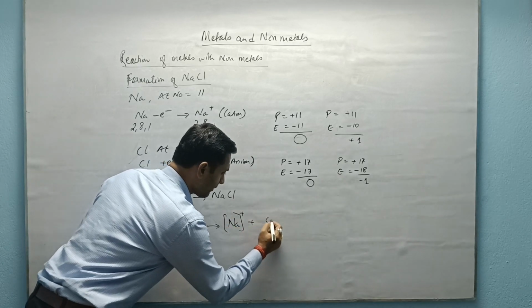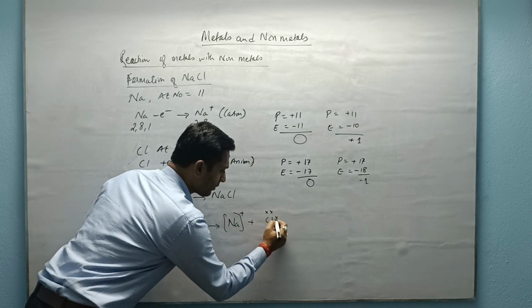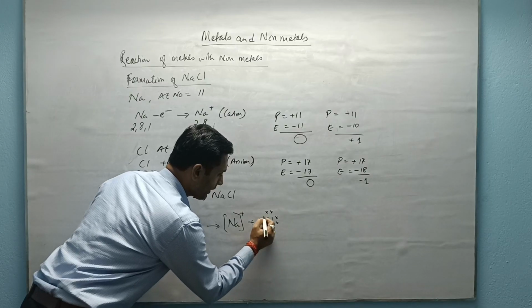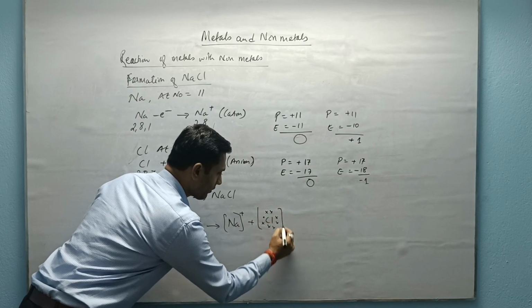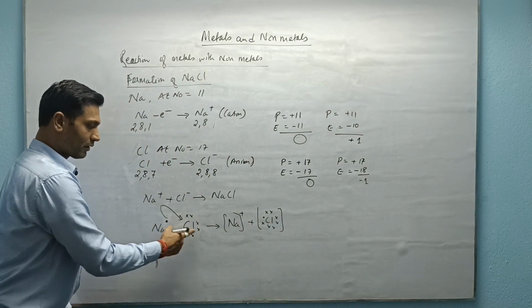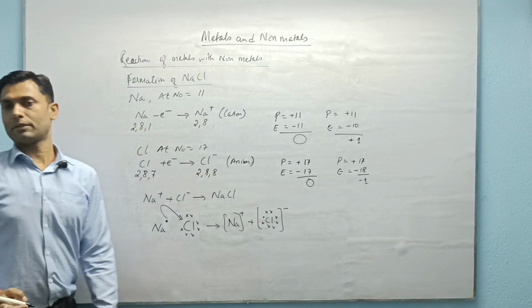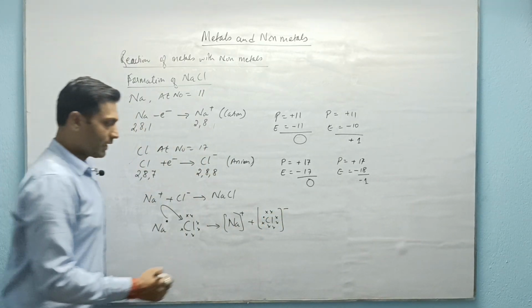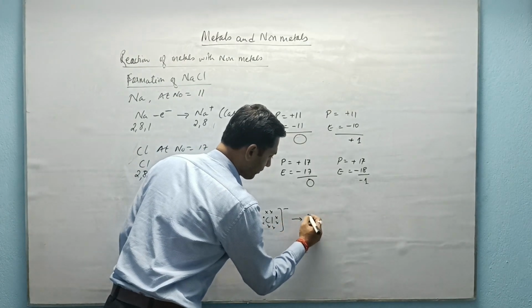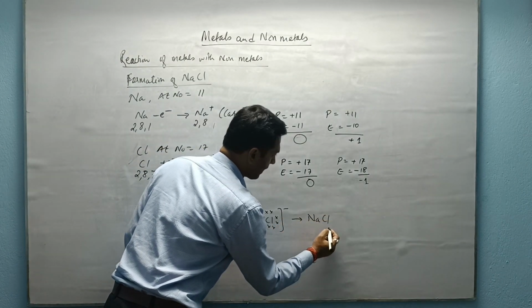On the other hand, chlorine will have 8 electrons, one electron being gained from sodium. This will become negatively charged. So in the next step, they will combine to form NaCl.